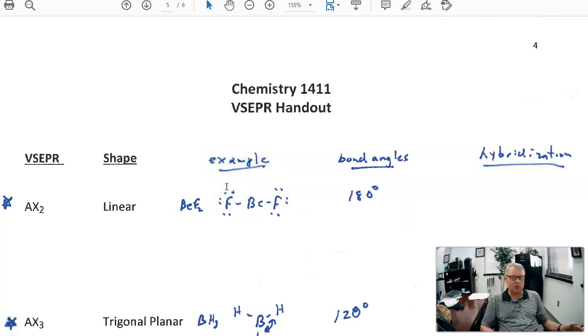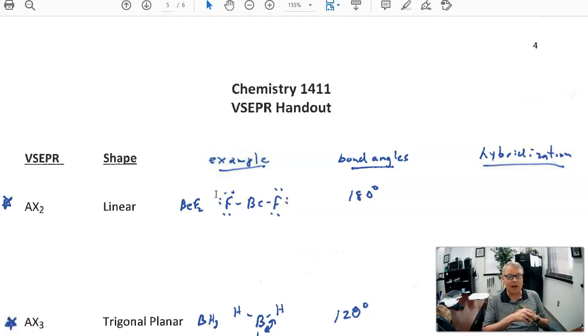Okay, your book will call them electronic geometries, which is probably a more scientific way to look at it. But that's the way it is. And so if you memorize the 5 main shapes in the family, then the rest of the shapes are actually derived from those 5 main shapes.